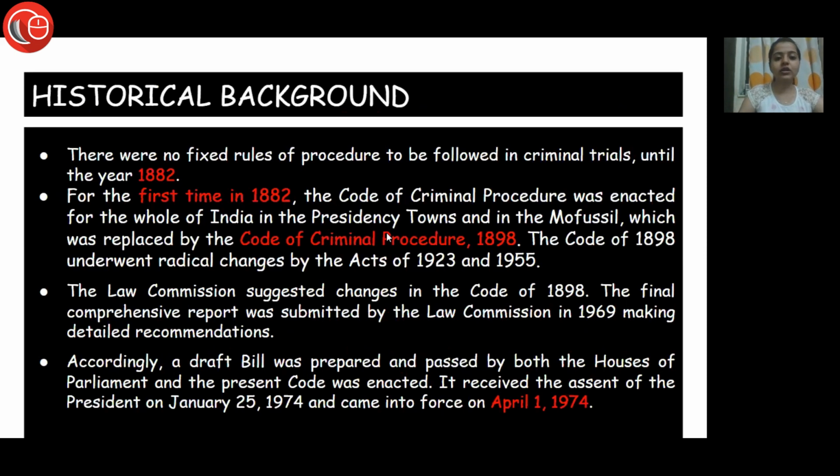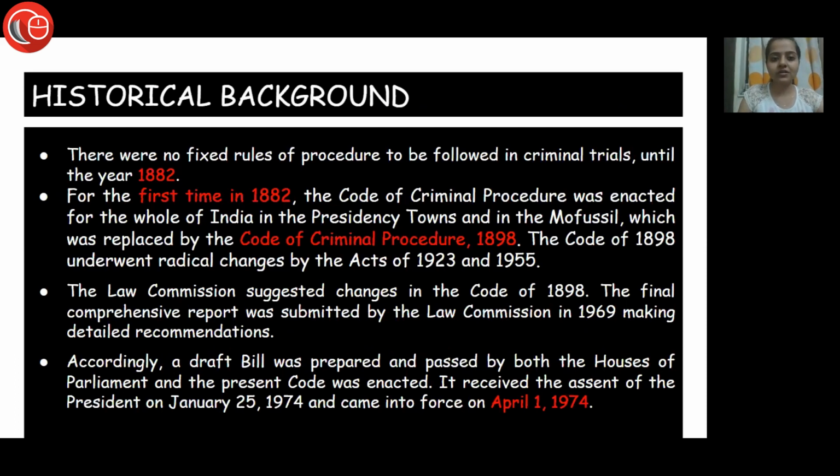Historical background. Historical background is how the Criminal Procedure Code came into being, how the present code of 1974 came into being. There were no fixed rules of procedure to be followed in criminal trials until the year 1882.